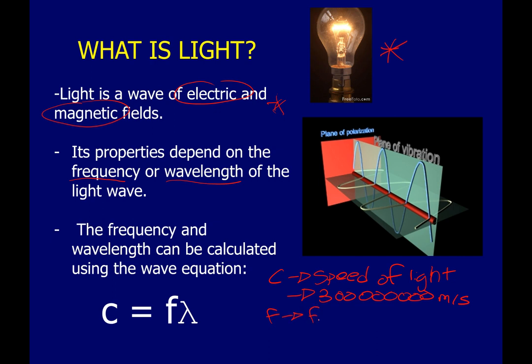f is the frequency of the wave, and frequency is measured in hertz, symbol Hz, and the wavelength is this funny symbol here, lambda. It's like an upside down Y, and it stands for wavelength.